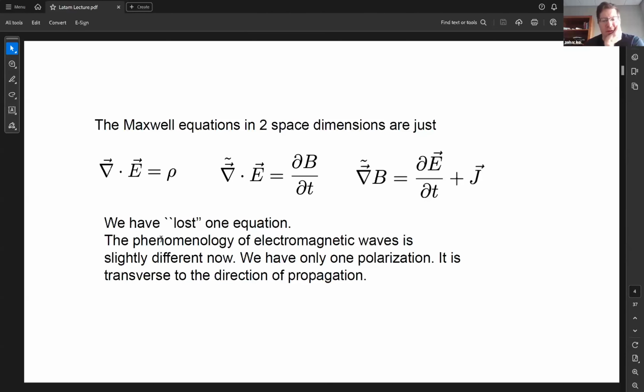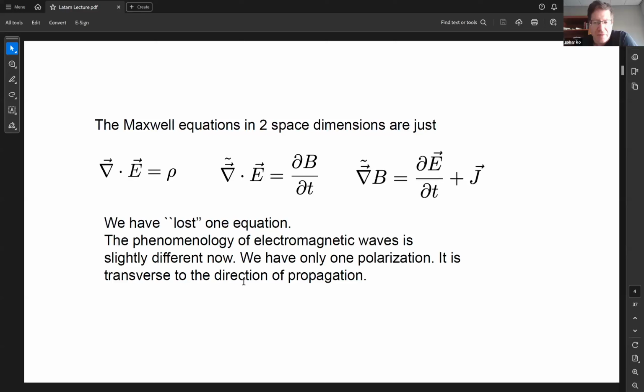So we have 3 equations, and the phenomenology of electromagnetic waves is very similar to what you've learned in undergrad. The only difference is that instead of 2 polarizations, there is now only 1 polarization. An electromagnetic wave would be traveling in some direction. There will be an electric field that's transverse to it, and there will be a magnetic field that's just a scalar function.